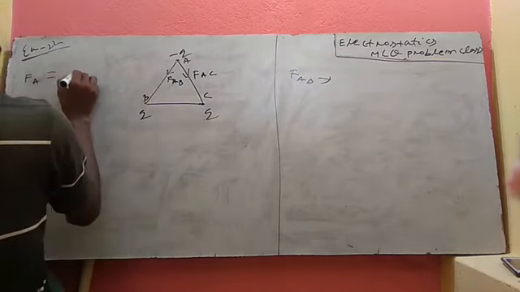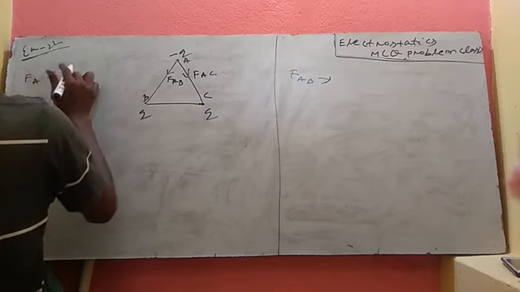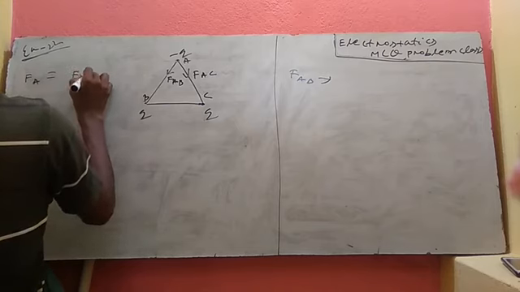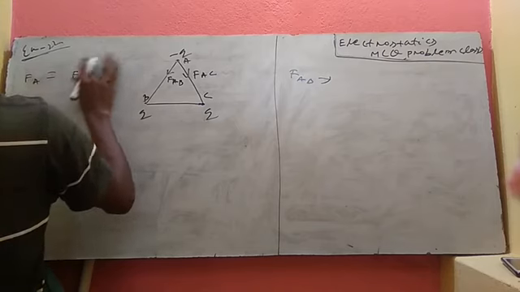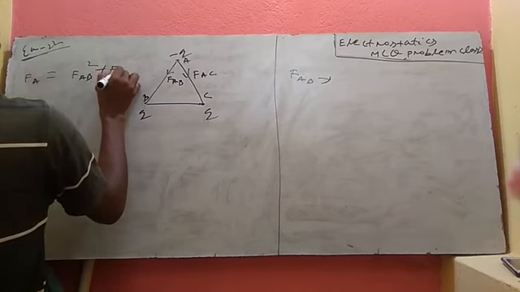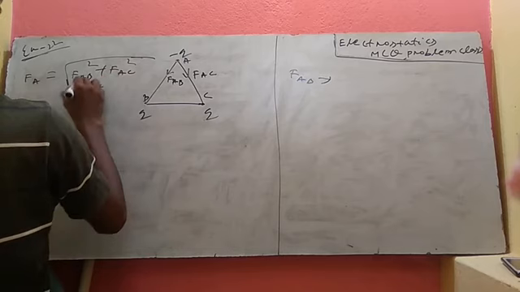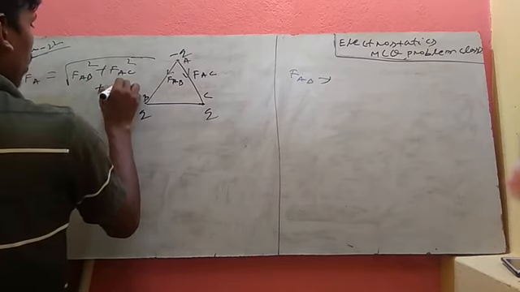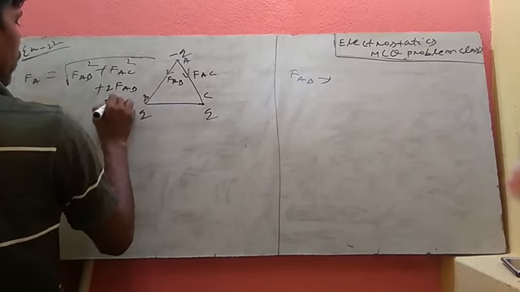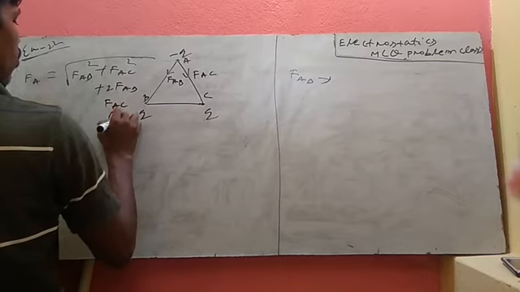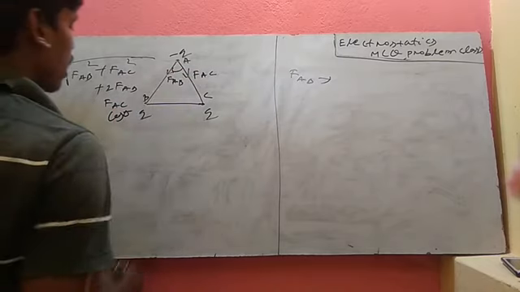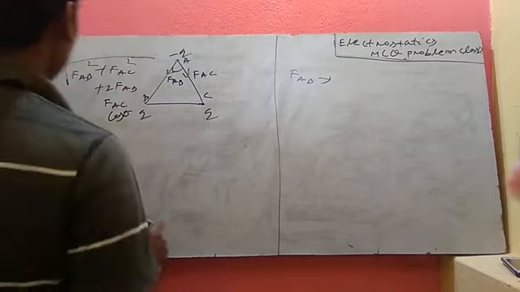The net force FA is equal to the square root of FAB square plus FAC square plus 2 FAB FAC cos theta. Theta is always 60 degrees.